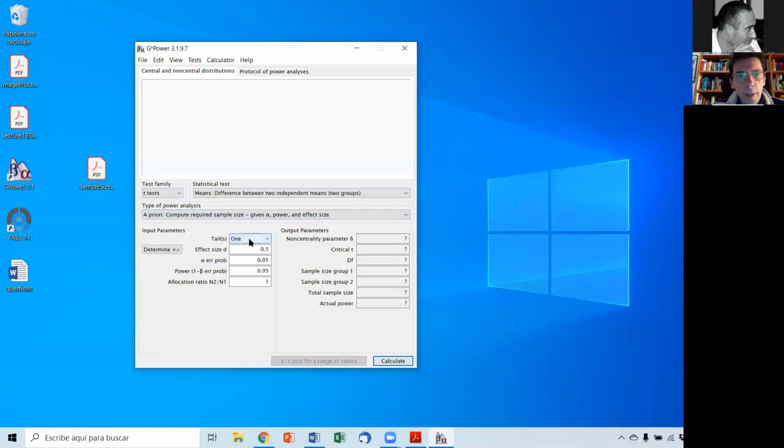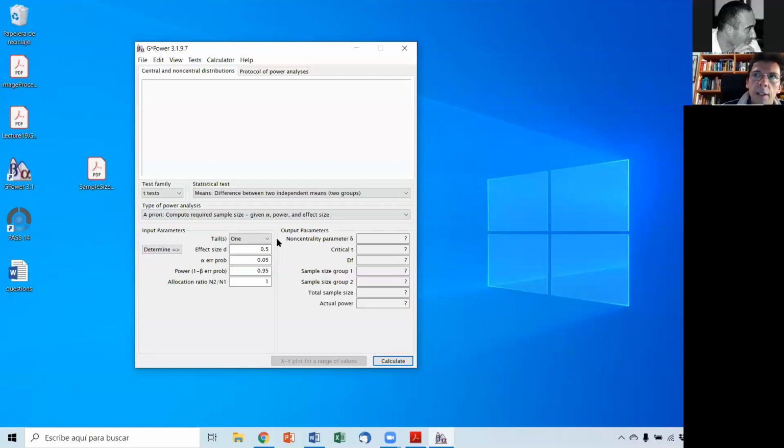There is another question, whether you will do a one-tail test or a two-tail test. A one-tail test is when you are interested only in changes in one direction. In the example of the area of the lesion, you are interested only in drugs that decrease the area of the lesion.